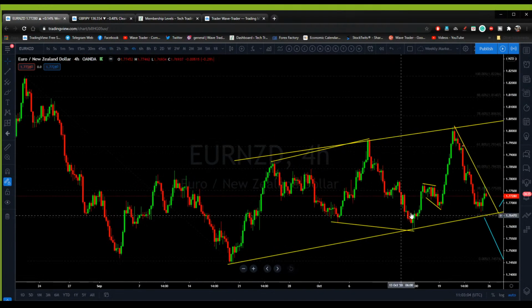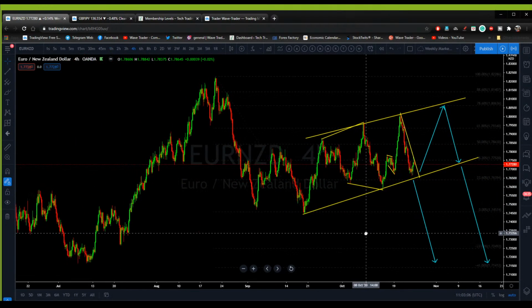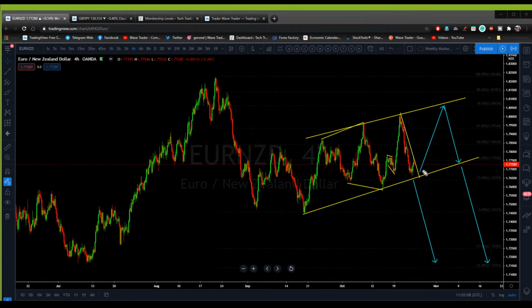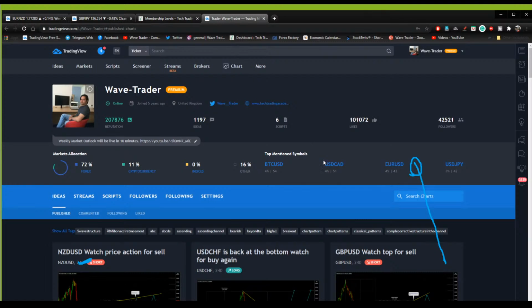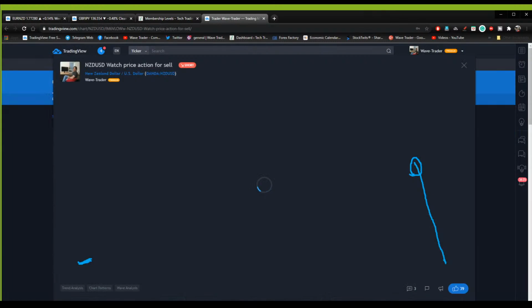Okay, so breakdown. Okay, this breakdown will drag this pair all the way back to that low. Okay, price gonna visit that low. All right, the New Zealand dollar US dollar gonna visit the previous high. Okay, we're not gonna get the sell on that chart. Okay, we're not gonna get this trade.